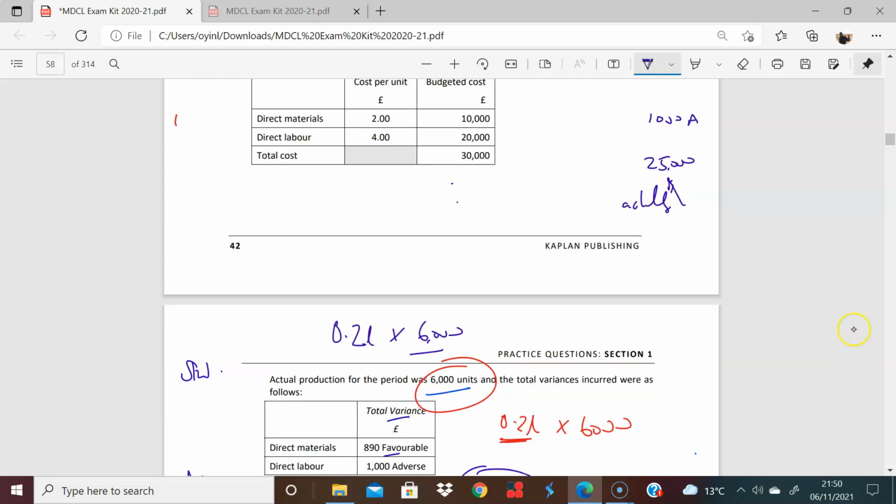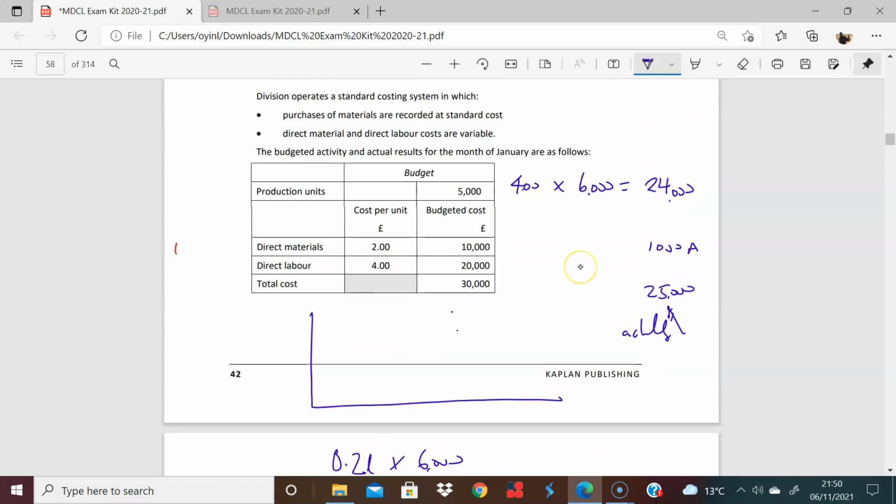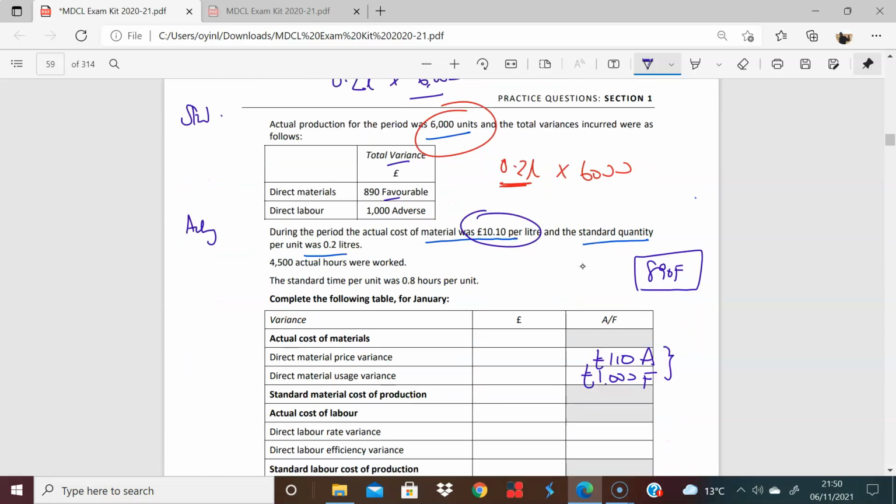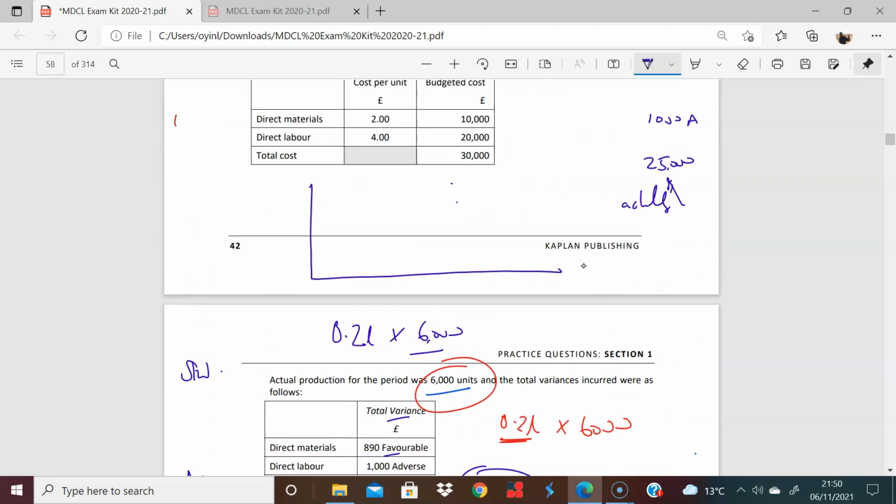So now that you know that you spent 25,000 pounds, I'll just draw my chart again. Let's look at what the question says. It says the standard time per unit is 0.8 hours per unit. So I should have spent 0.8.